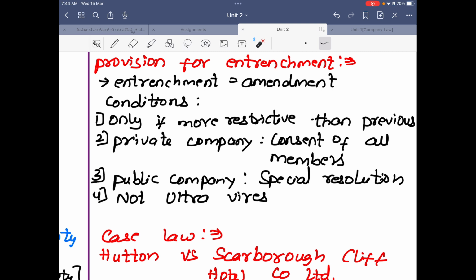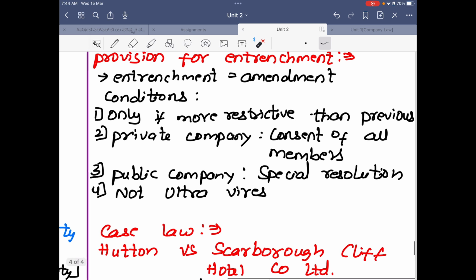The new law should be more restrictive than the previous one, not more loose. For a private company, they should take the consent of all members, and then they can amend. For a public company, they have to pass a special resolution and then they can amend the articles of association.